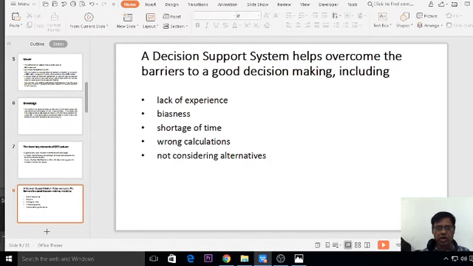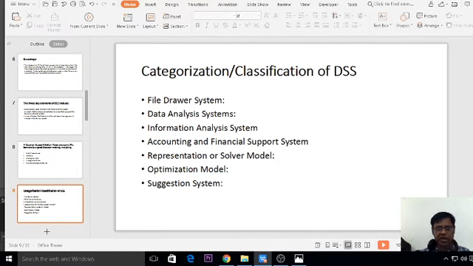We have so many alternatives, and we have to select the best suitable decision support system model.